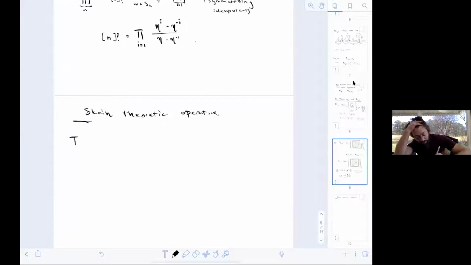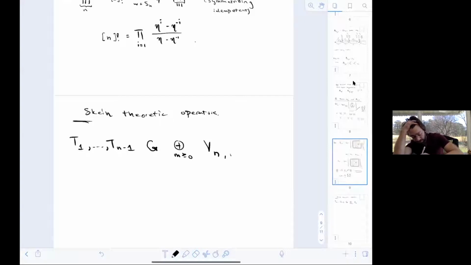So what this means is we have the operators T1 up to Tn minus 1 acting on the space: if you fix n and let m vary, these operators will act there, these operators will also act there.